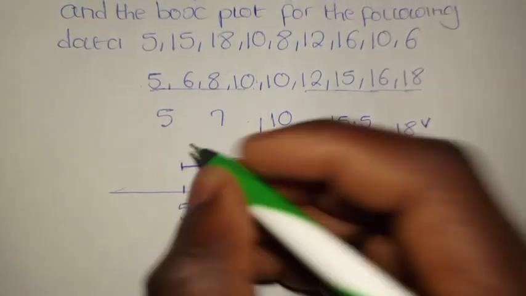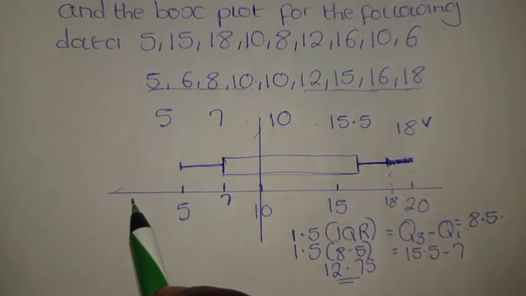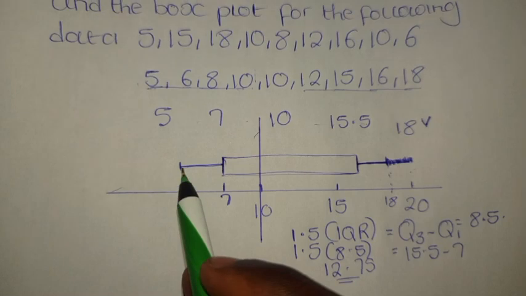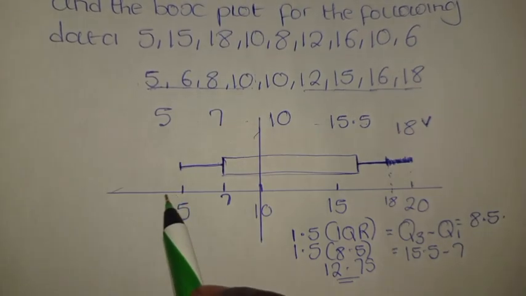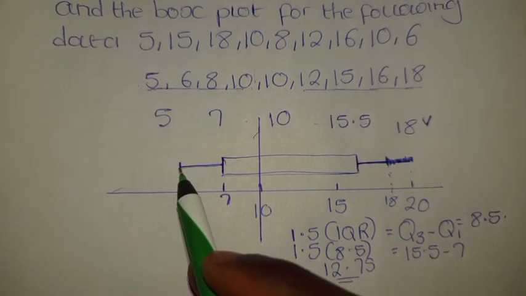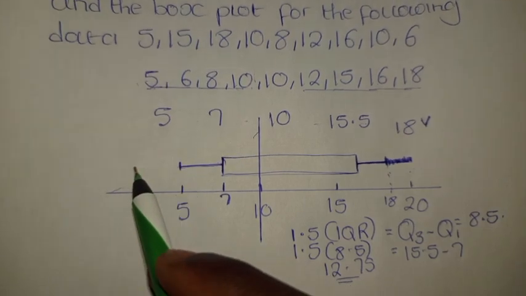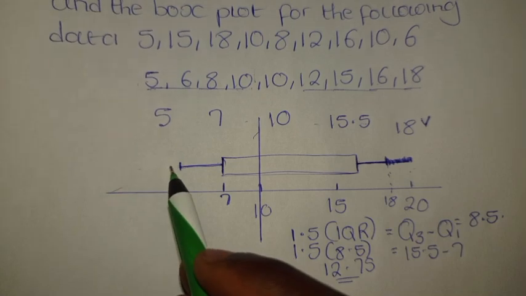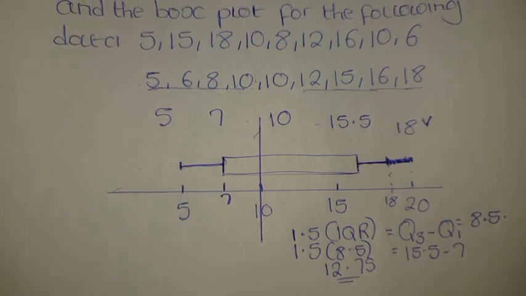If we had another set of data where maybe the whiskers ended there, but the data had, let's say, a 2 here, which means the distance from here to there is what are called the outliers. Why? Because we still have another set of data, though we have already drawn our box and whiskers. So this is how we draw our box plot.